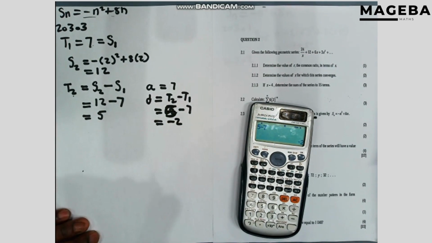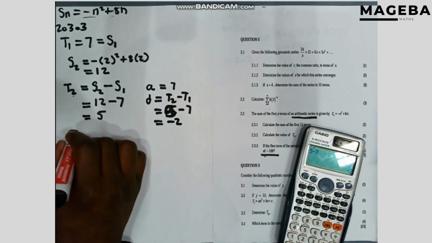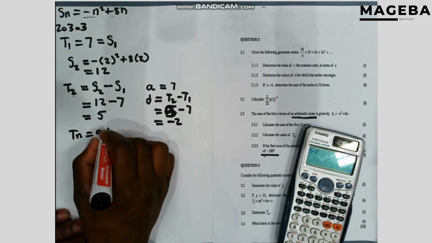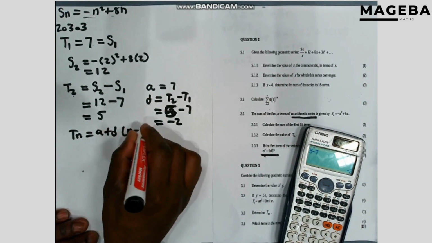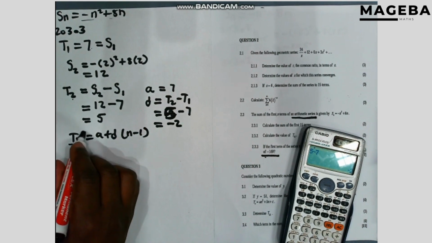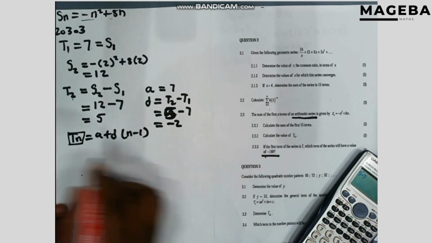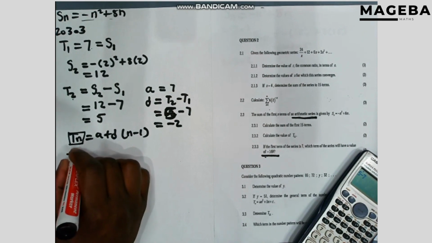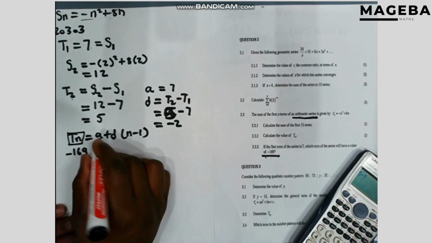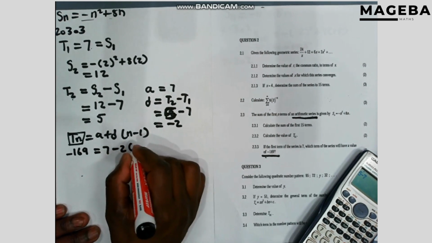Sorry about that mistake. Then from there we know the formula of the arithmetic series is tn equals a plus d times n minus 1. They told us that the term has the value of negative 169, so negative 169 is equal to our a, which is 7, plus our d, which is negative 2, times n minus 1, because we are looking for n.